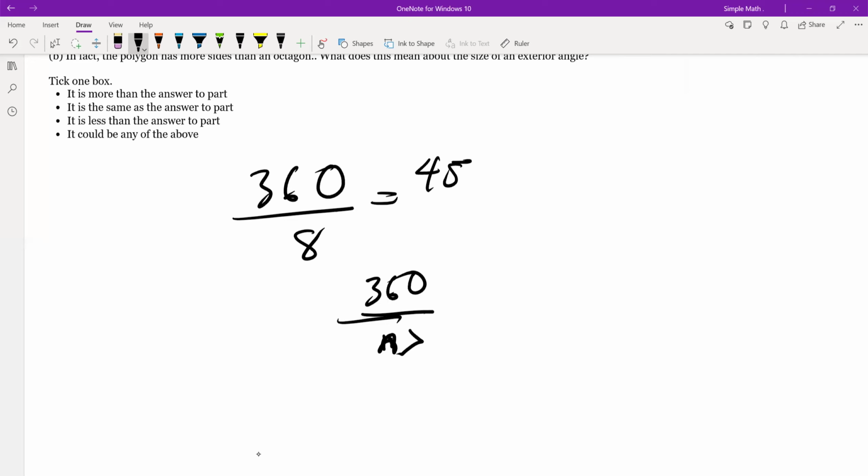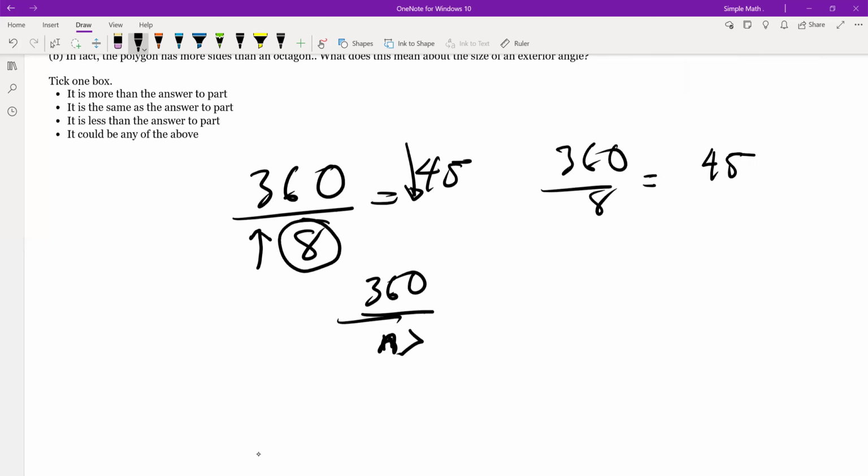What does that mean? It means that if you're doing any division and there's an increase in the denominator, this number is going to drop. Let's say 360 over 8, that's 45. 360 over 9, for example, that should be 40.